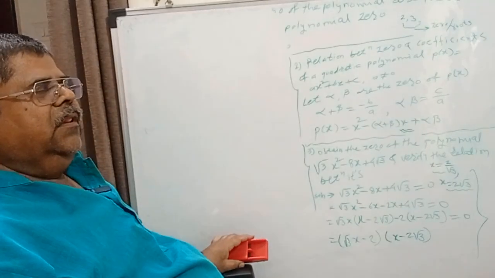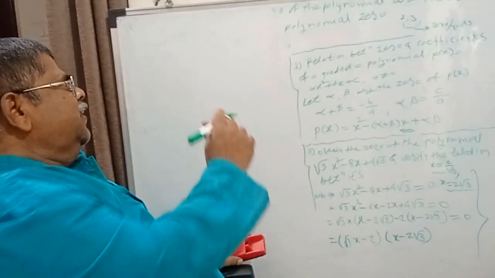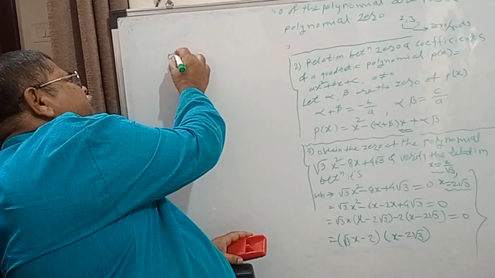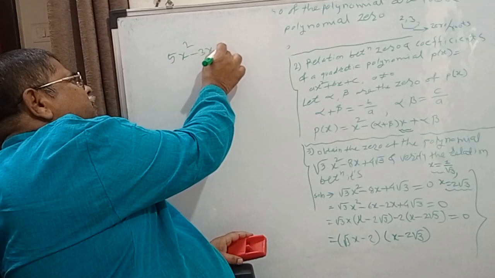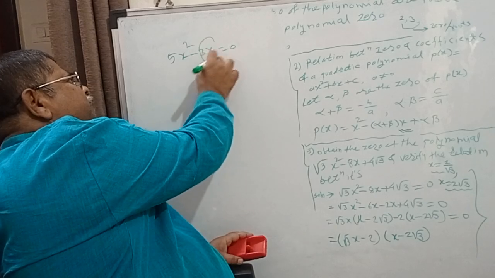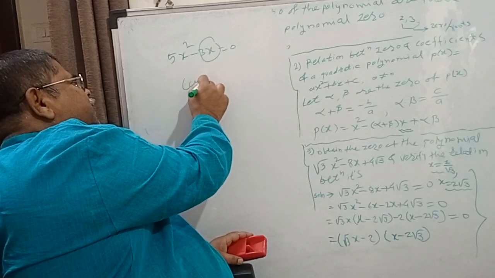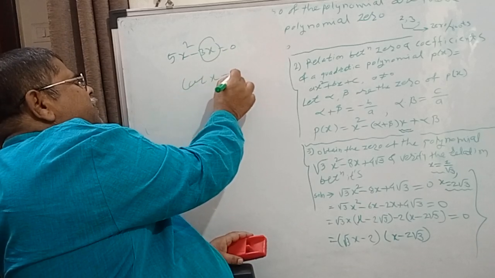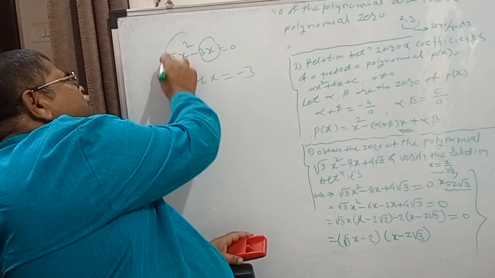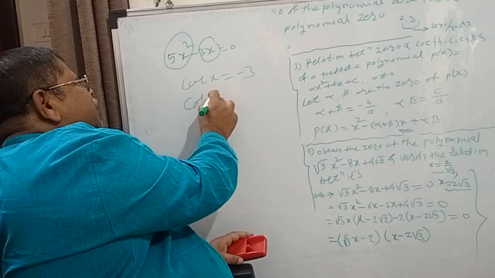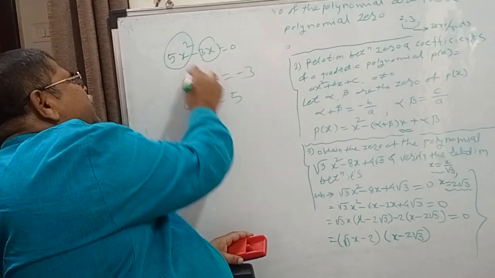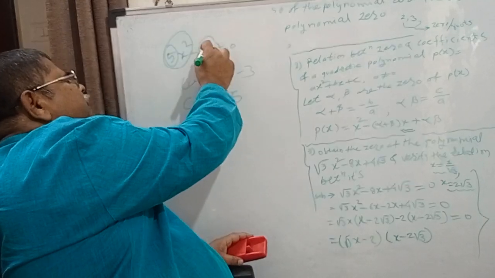We know the coefficient: 5x square minus 3x is equal to 0. What is the coefficient of x? The coefficient of x will be minus 3. What is the coefficient of x square? The coefficient of x square will be 5. This is the coefficient.